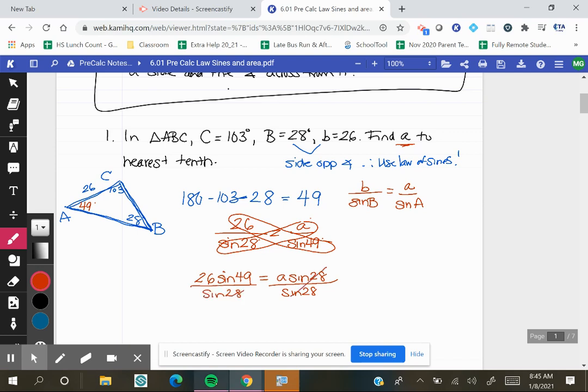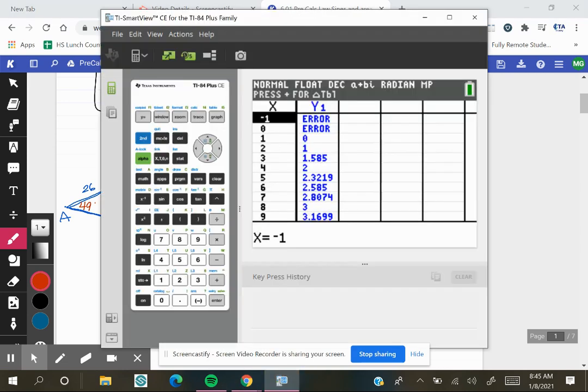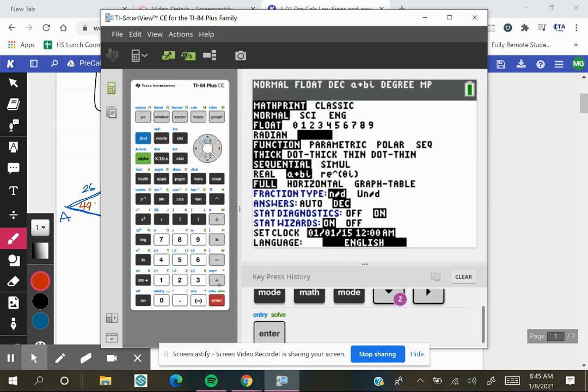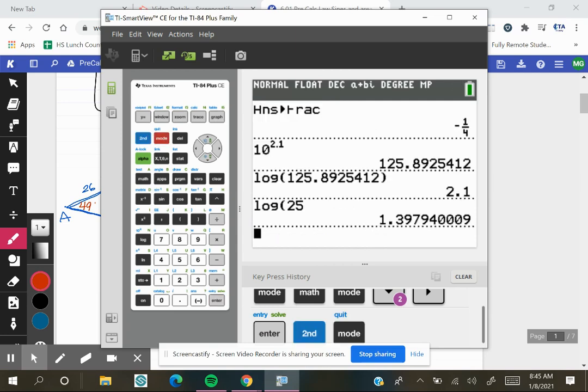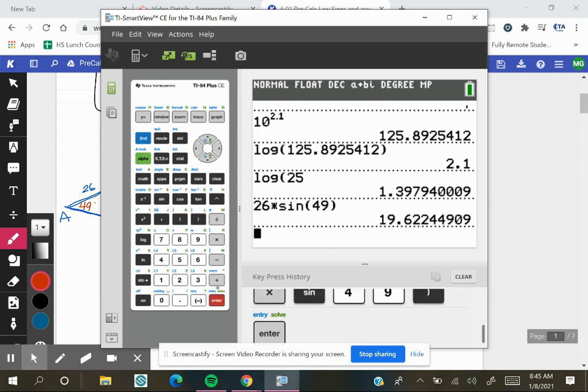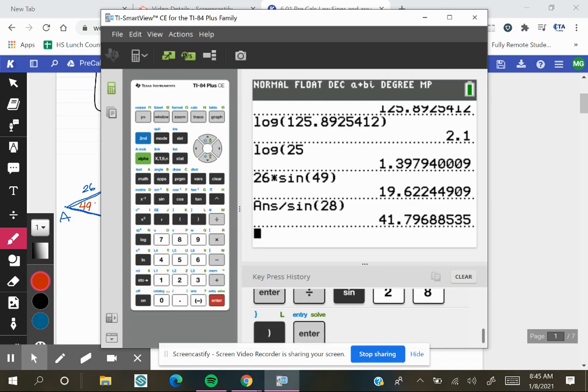So now I'll go to my calculator. In your calculator, because the givens are all in degrees, you want to make sure your calculator is in degree mode. Very, very, very important. So now I have 26 times sine of 49 degrees. And I'm going to divide that by sine of 28.